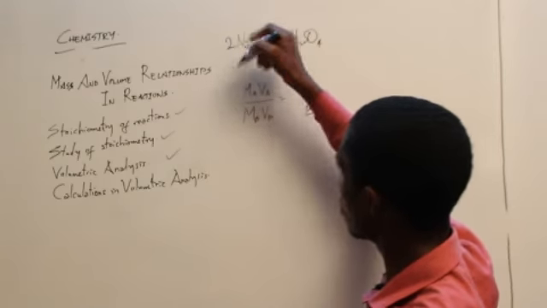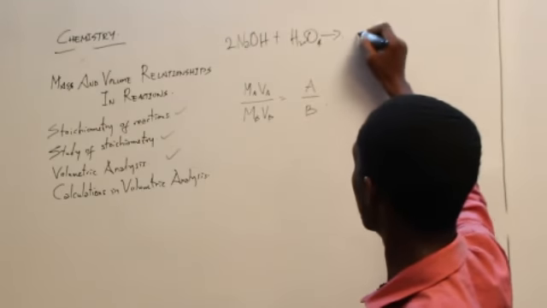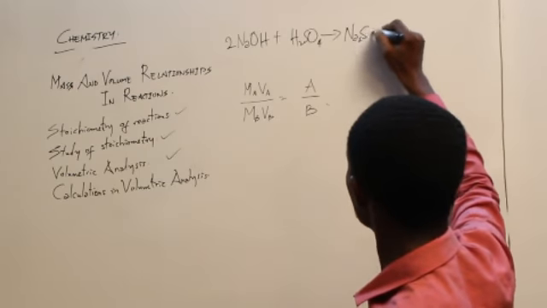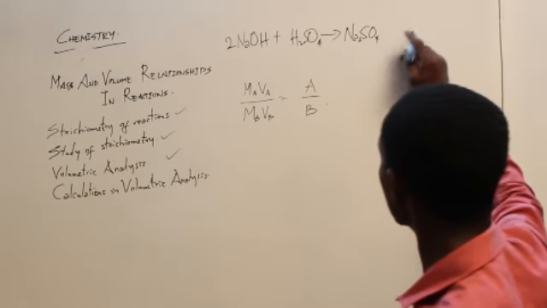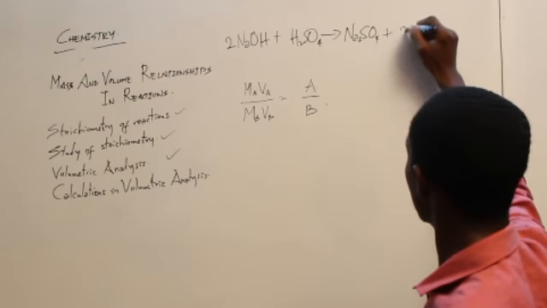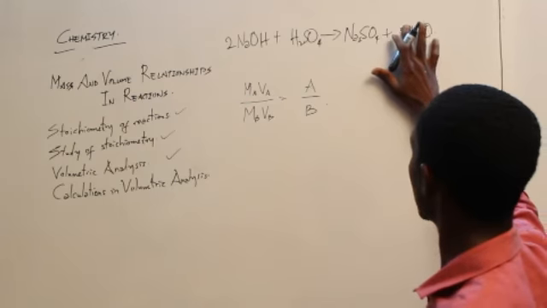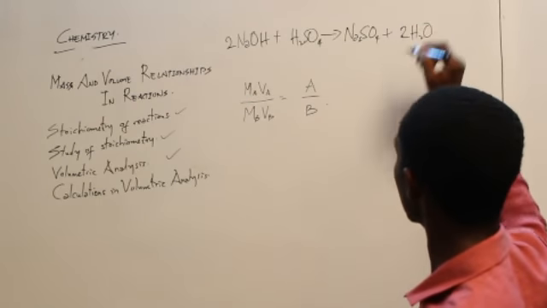Of course, we need 2 sodium hydroxide to balance the equation. This will give us sodium tetraoxosulfate(VI) plus 2 molecules of water.